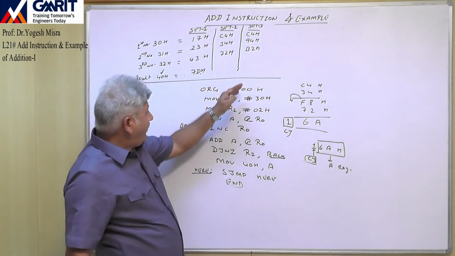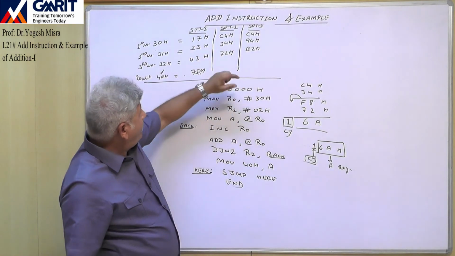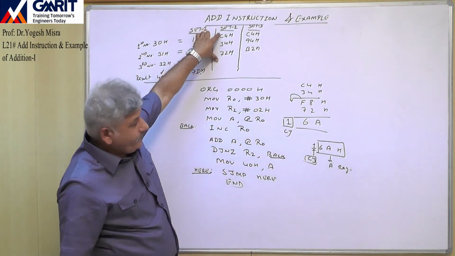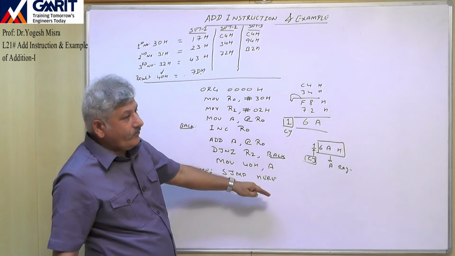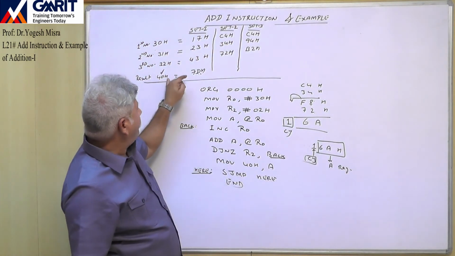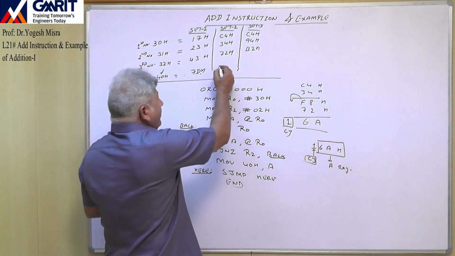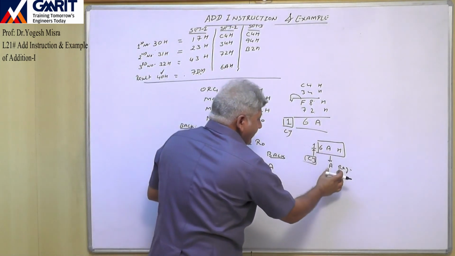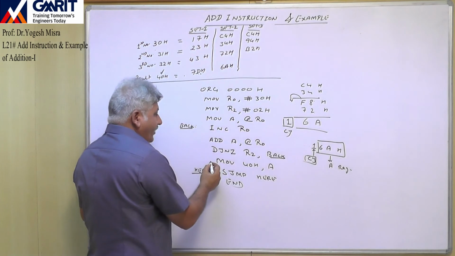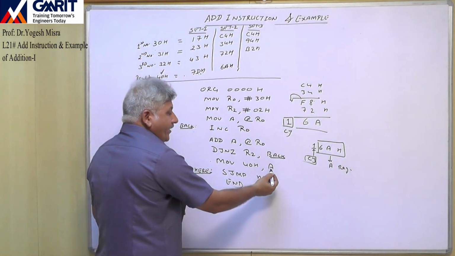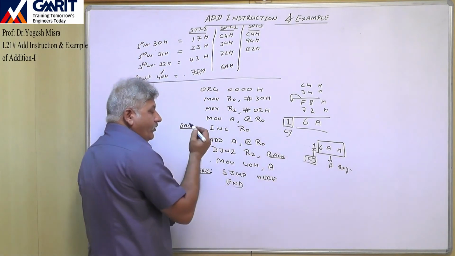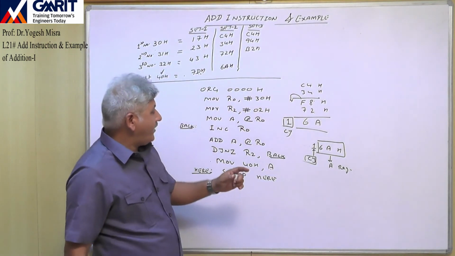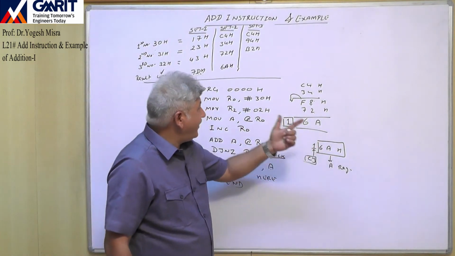But if we use this set of data for this program, then at address 40H, we will find the result 6AH. This basically is in the A register, and with the help of the last instruction, whatever is there in A, we have transferred to memory location 40H. That's why at 40H we will find 6A.